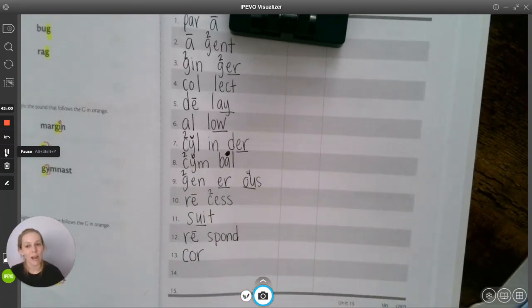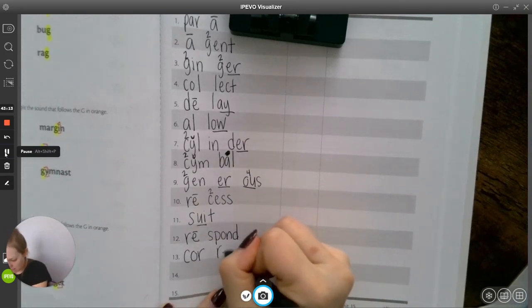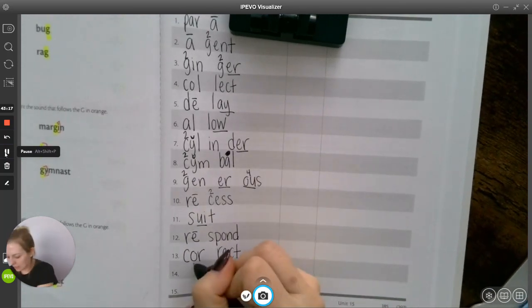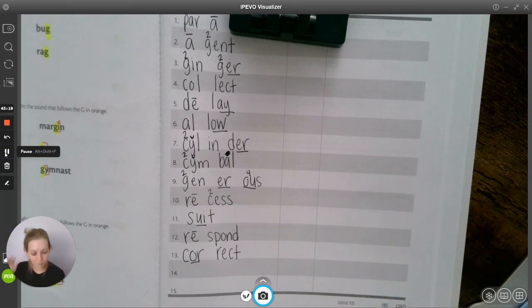Second one is rect. Er-e-kt. Finger spell. Er-e-kt. And underline our or phonogram.